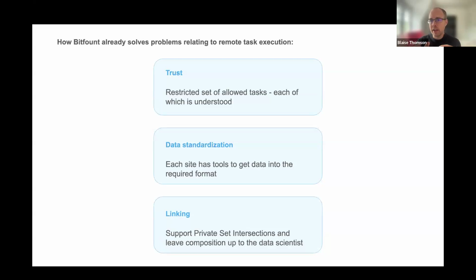We have a method for data standardization, which currently is mostly providing a bunch of tools for the data custodians to transform their data into the schema that was expected for the project's associated task. And we also have an approach to linking. So we support this private set intersection algorithm, for example. But then in actually calculating an interesting statistic, we kind of leave it a little bit up to the data scientist. They have to do this protocol a few times, and so the workflow might feel a little bit clunky.